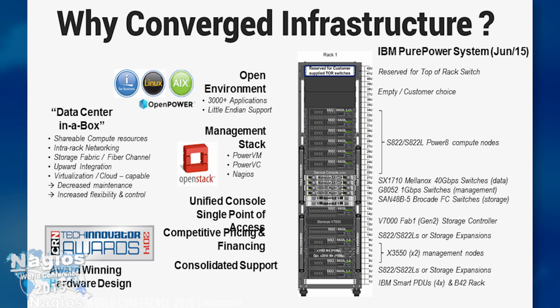Then there is a management network. That is where Nagios plugs in. It connects all the components of the system and provides the data that you need to monitor it. It's a lower speed network because it's all connected within the rack, so it doesn't need to be as powerful as the data network.